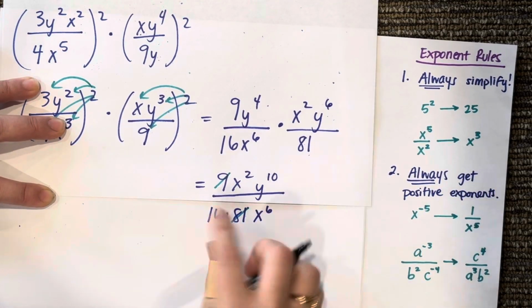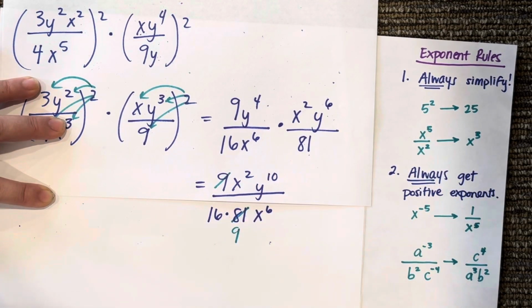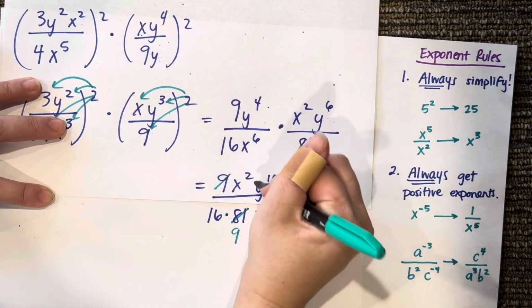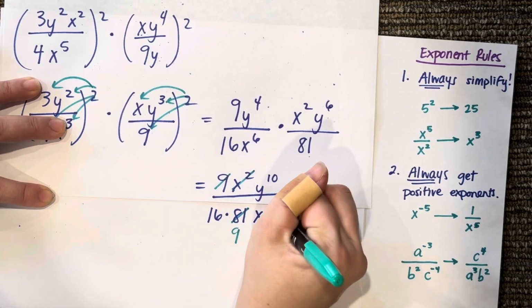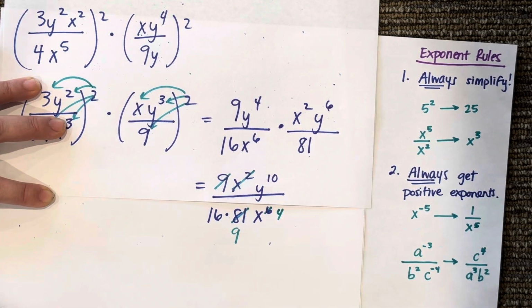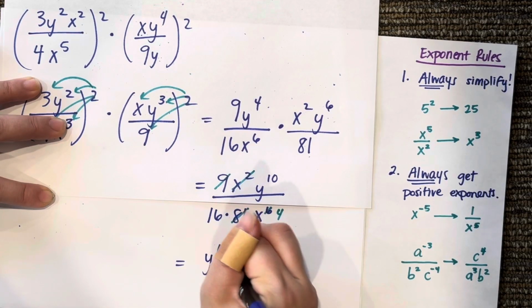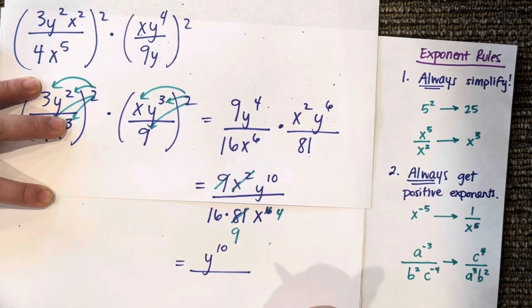This will reduce 9 and 81, so this is going to be a 9 down here. X squared and x to the 6th, so I could subtract. This x squared goes away. This will be x to the 4th. And I should get a final answer of y to the 10th over 16 times 9. There's no way to reduce that.